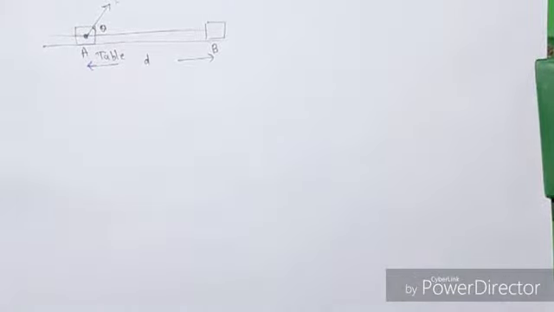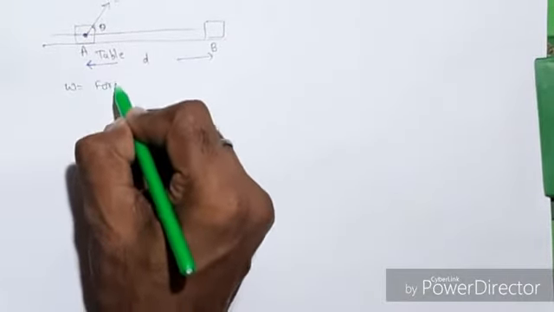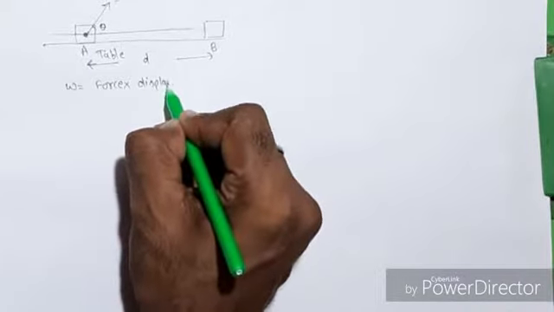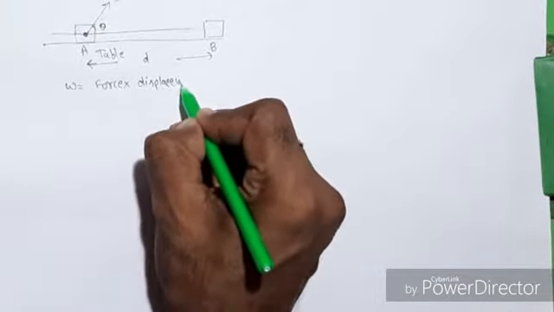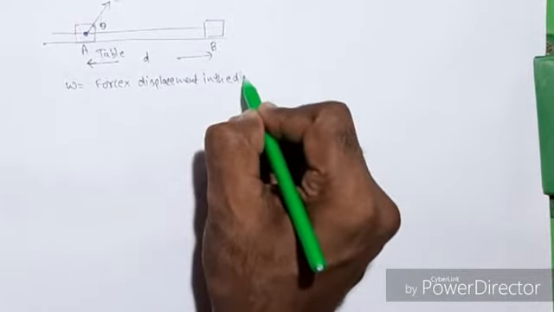So according to the definition of work, W is equal to force multiplied by displacement in the direction of force.